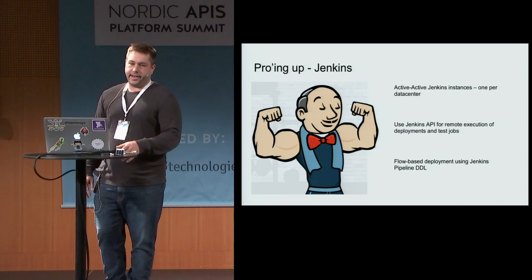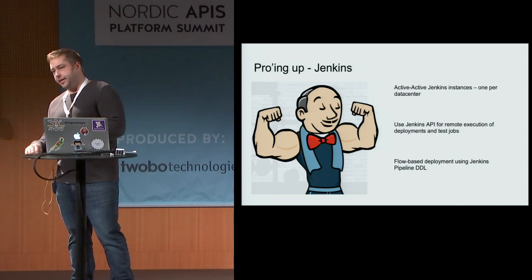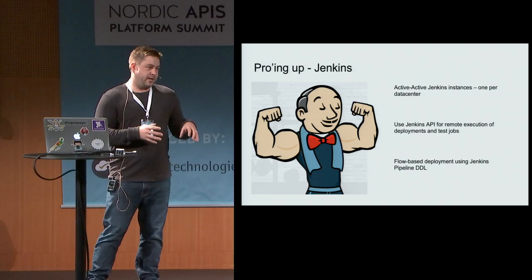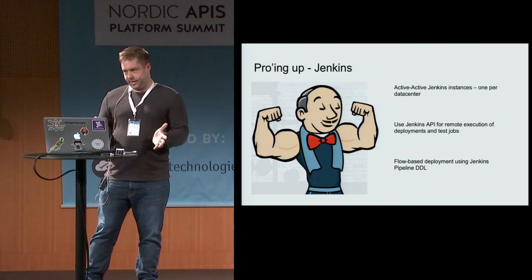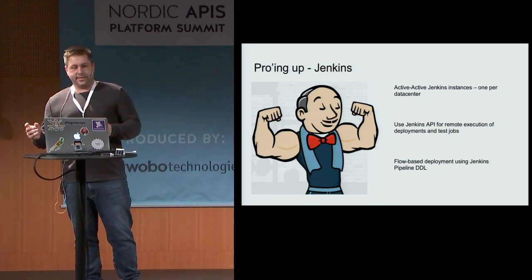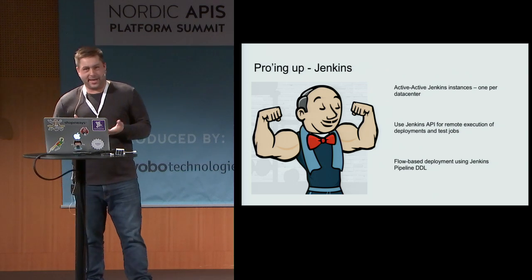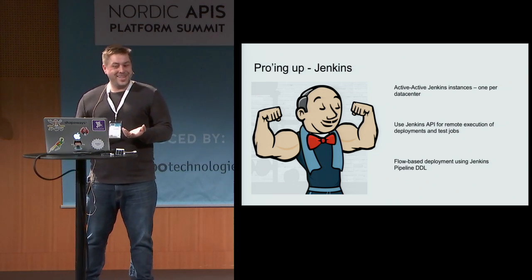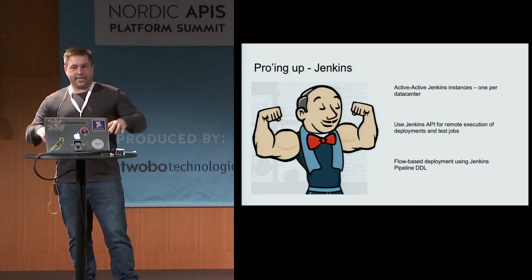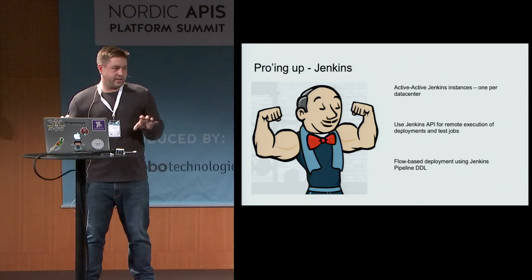The first thing we did with that was take a look at our utilization of Jenkins. Before, we hosted Jenkins on a small desktop PC under my desk in our office. That was fine, it worked, but it had its fair share of problems, like sometimes I had to turn it off. So what we ended up doing is installing active Jenkins instances in our 2 data centers that we have today.